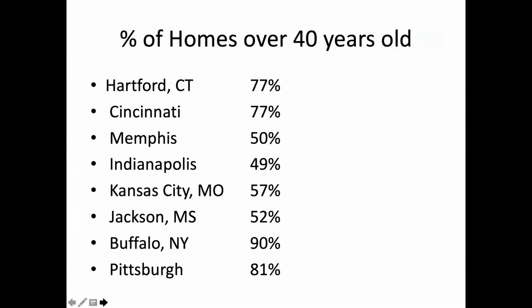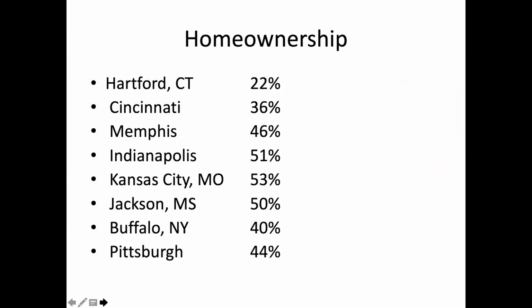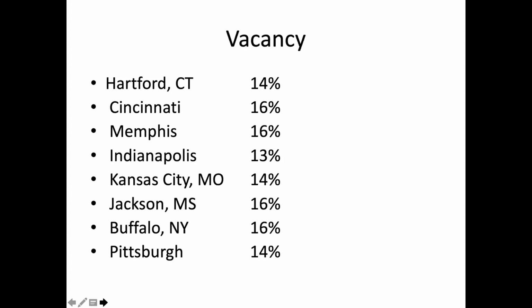Like many of your cities, the housing stock in Hartford is pretty old. 77% of all the homes in the city of Hartford are over 40 years old. The median prices are relatively low for the region. And the home ownership rate is extremely low, while the vacancy rate is pretty high.